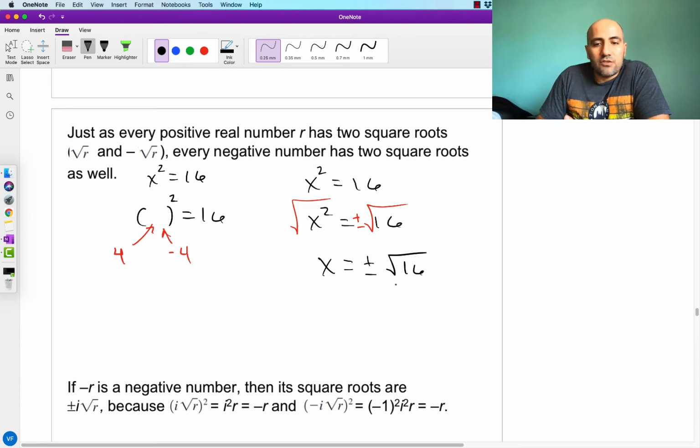Obviously, root 16 is just 4, so then we would just say that x equals plus or minus 4. But that's just because this happened to be a nice perfect square. This process works even if we don't have that. So if we have x squared, something squared equals 3, for example, we would still do the same thing, and we'd end up with x equals plus or minus the square root of 3. Right?